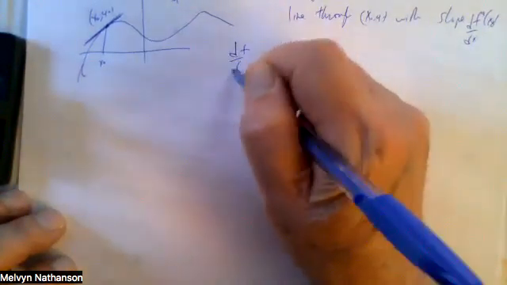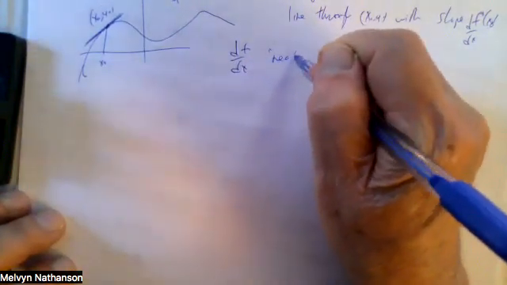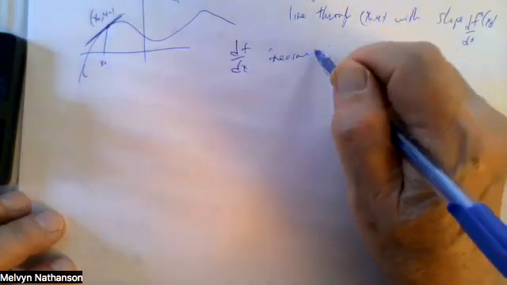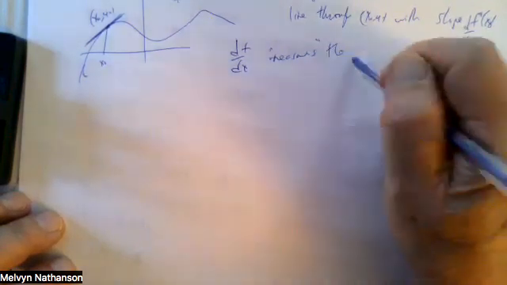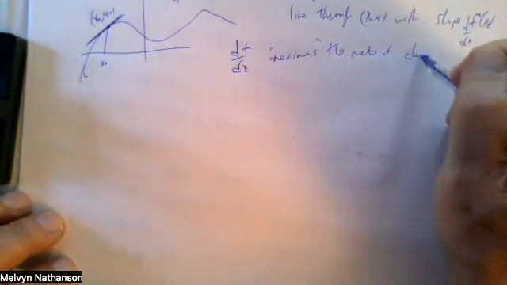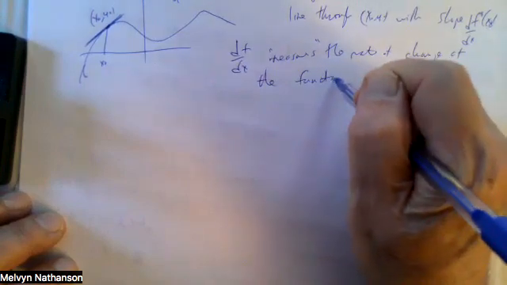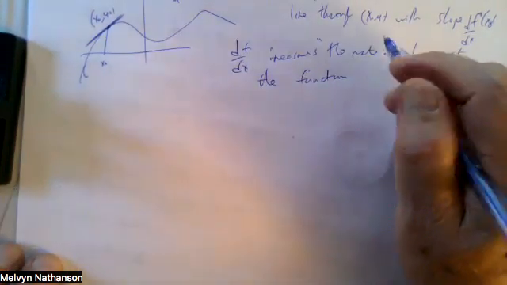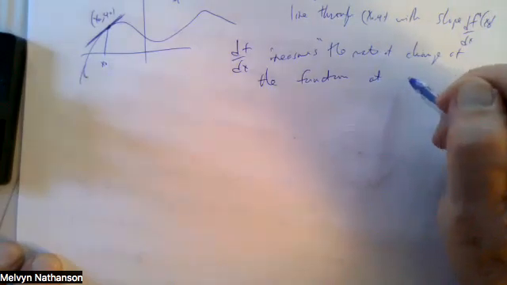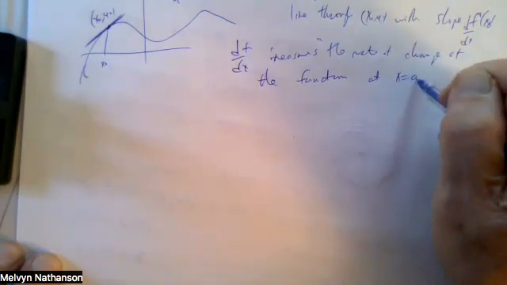Right? And you spent most of the first semester of calculus studying derivatives of functions and these tangent lines to curves. The derivative df dx in some sense measures the rate of change of the function at a point, say x equal a.